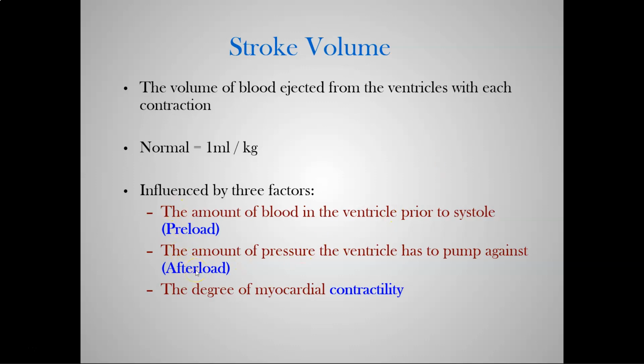Afterload is how much pressure I need to generate with my left ventricle or right ventricle to overcome the pressure in the next system or outside of the ventricle. For the left ventricle, it's the aortic arch, okay, the aorta and all peripheral vessels. For the right ventricle, it has to overcome the pulmonary pressures so it can maintain adequate pulmonary perfusion.